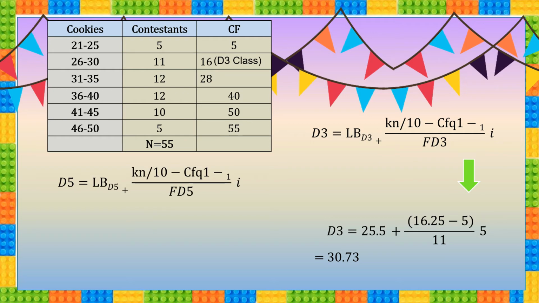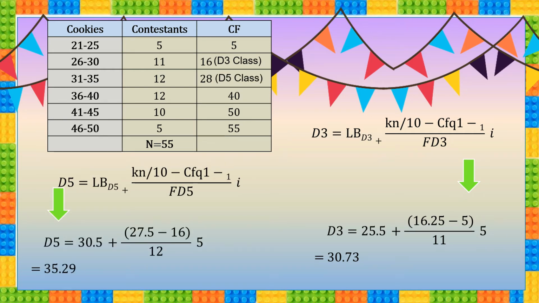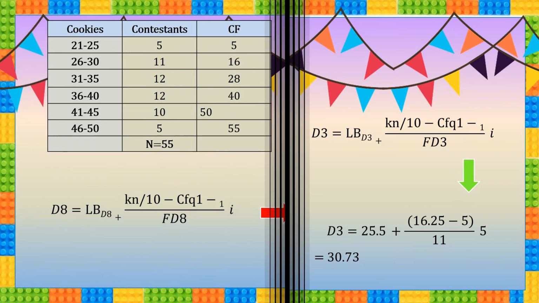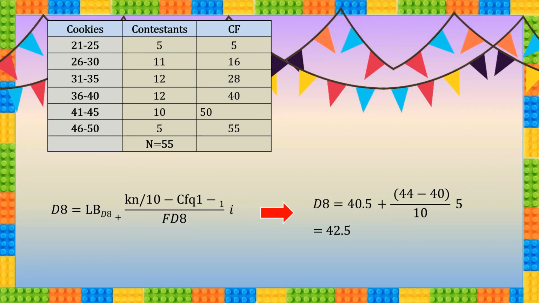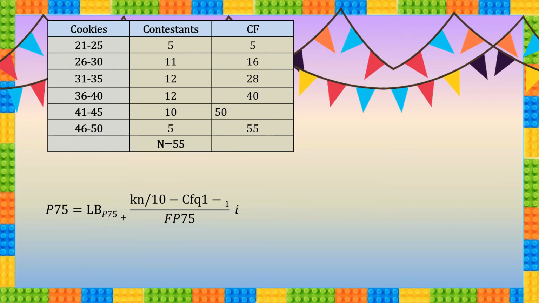Now, we know what to do for decile 5. We just do the same procedures, but k is now equal to 5. Decile 5 is 35.29. We will also do the same for decile 8, but k will now be equal to 8. Decile 8 is 42.5. Now, our next question is about the 75th percentile.